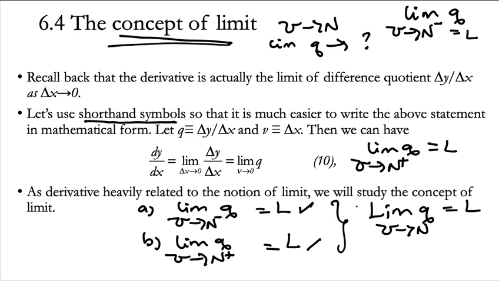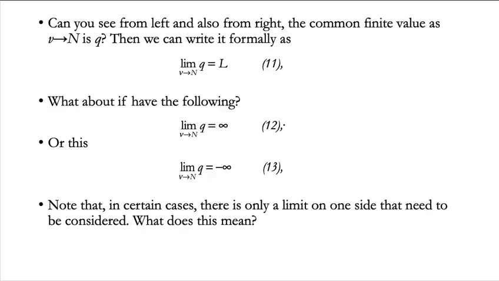Okay, so here, but then what happens if L, like I said to you, L can be any number, isn't it? A finite real number. But what happens if the answer, instead of L, we found an answer like this? Look at expressions 12 and 13. The limit of Q as V approaches N is equivalent to infinity.